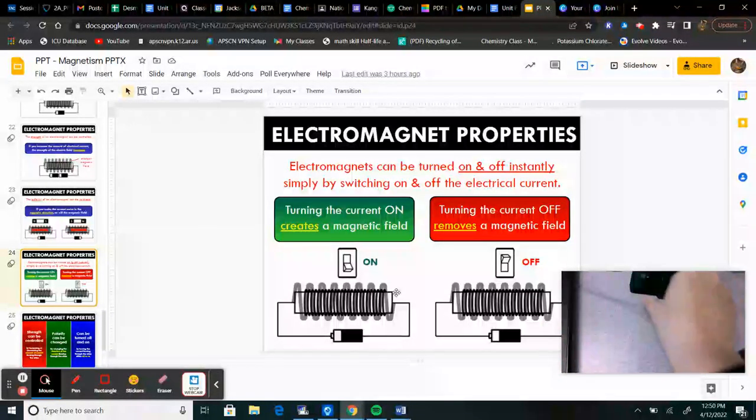So if you have a magnetic field, you can simply turn the circuit on, which means you have a closed circuit. If you have a current that needs to be turned off, you will open the circuit, and then that way the magnetic field and the circuit itself will not be on. That will not work if it has an open circuit.